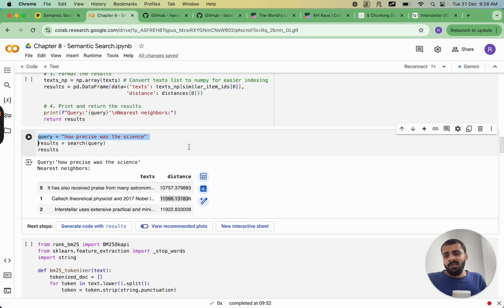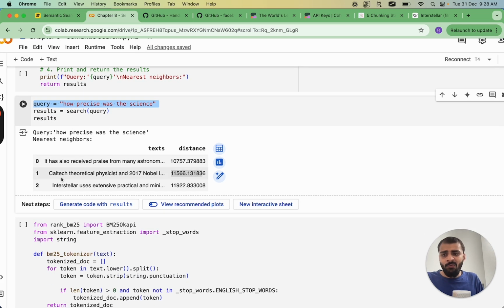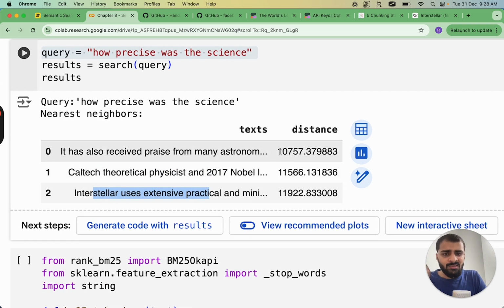So if you look at the results which were shown, if the query was how precise was the science, if you print out the results, you will see that 3 results were shown. It also has received praise from many astronomers, Caltech theoretical physicists, and Interstellar uses extensive practical and miniature effects. And you see the distance, this is the distance of the document from the query. These 3 are the documents with the shortest distance.